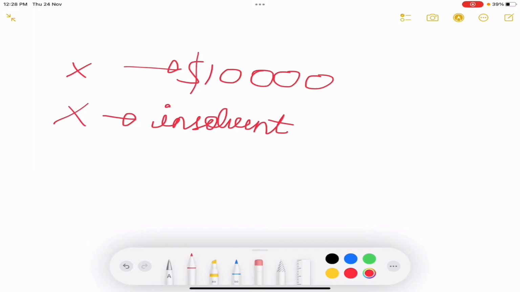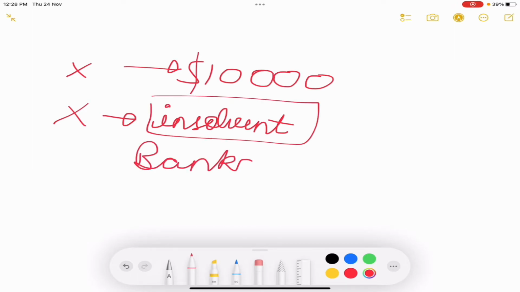What is insolvency? Insolvency is nothing but bankruptcy. Company X is now bankrupt, which means we know that they will not be repaying us. They will not be paying for the credit sales which they have availed because they have become insolvent now, right? In such a situation, are we going to get our $10,000 back? No, we will not be getting our $10,000 back, which means that this is a bad debt.